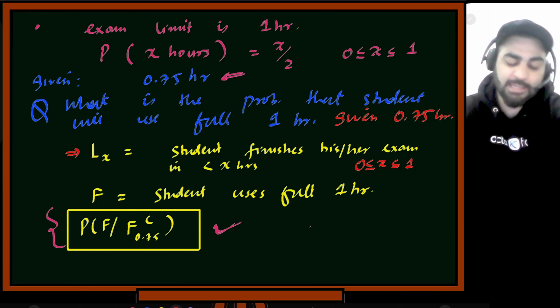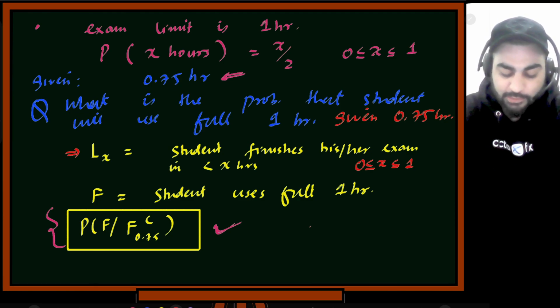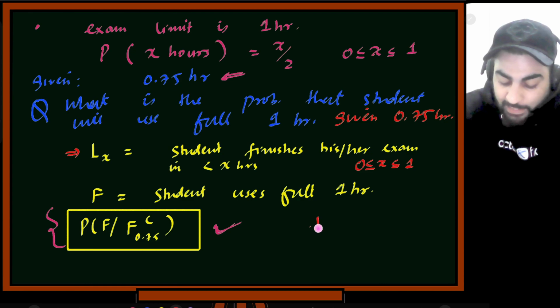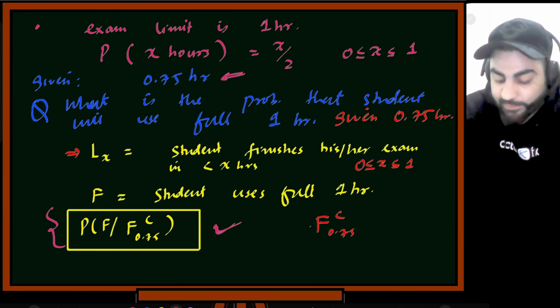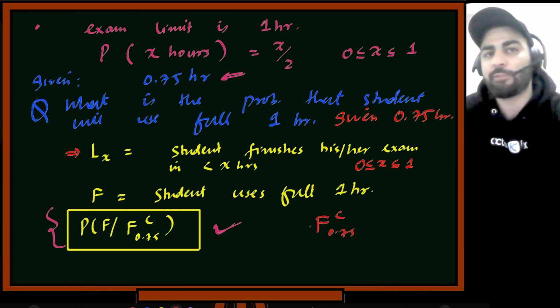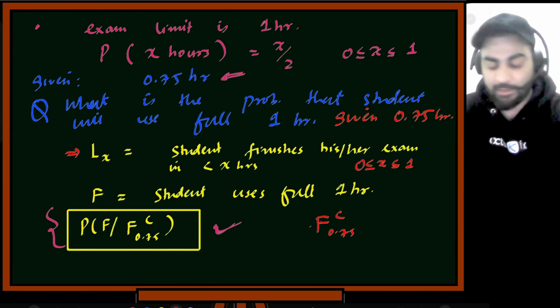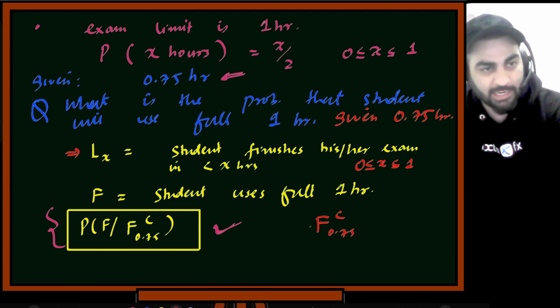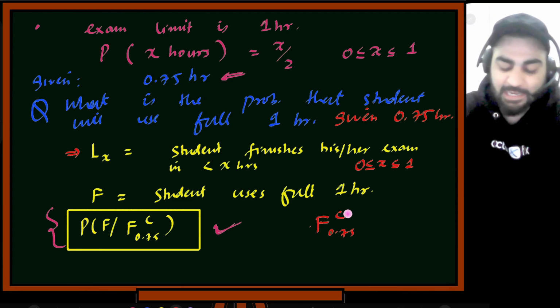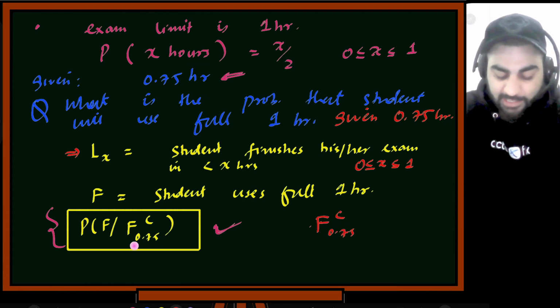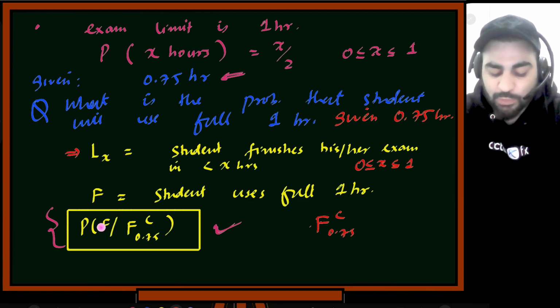Then I said F is the student uses the full hour. Now I had to compute F given L of 0.75 complement, as L of 0.75 means the student will use less than 0.75. But now we have seen a student writing at 0.75, so we take the complement of the event. That's what I wrote, given this, the student will use the full hour.